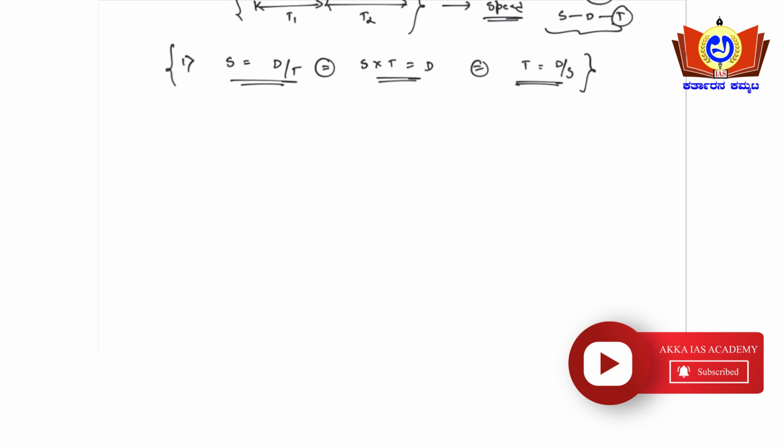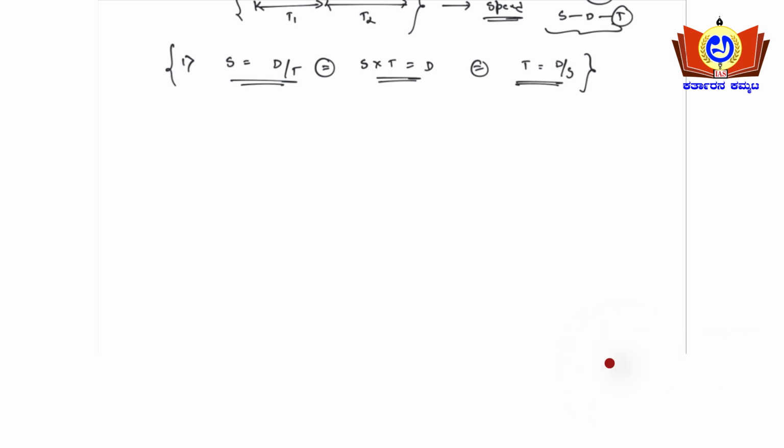So for that, the formula is: when speed is constant, time is directly proportional to distance traveled. I'll take up an example and explain it to you.